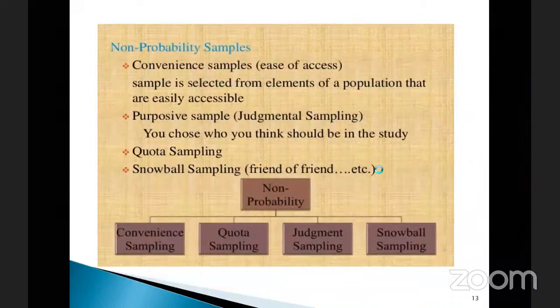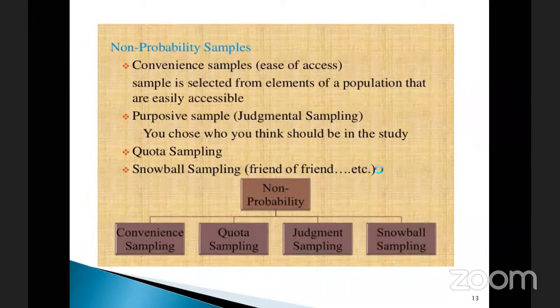Now, non-probability sampling methods. Convenience. Convenience is ease of access. Like I said earlier, if you want to study hypertensive patients that visit a hospital, you go to the clinic there, and as they come, you take them.